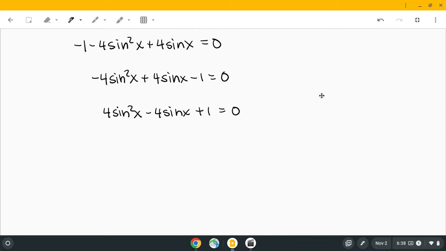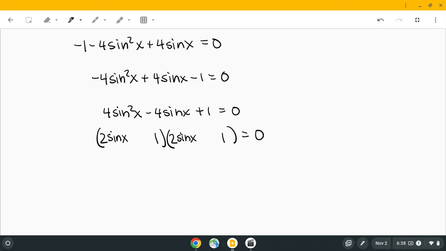All right, so now I'm going to go ahead and see if I can factor this. So we can try 4 times 1, or we can try 2 times 2. Because this is a perfect square and this one's a perfect square, I'm going to try 2 and 2 and 1 and 1. And if that doesn't work, no big deal.